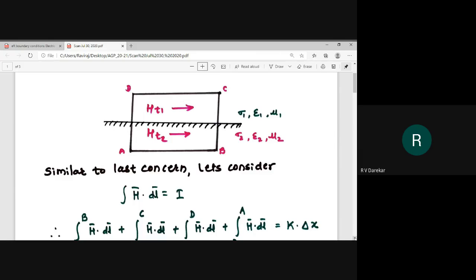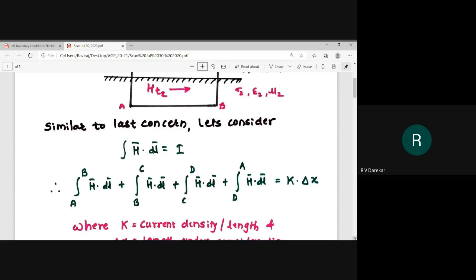Now what is this k into delta x that we have to understand? Here k can be defined as the current density per unit length. If I is replaced with a new parameter, we can write k into delta x. Therefore, k into delta x is equivalent to the current I, but for simplification of the equation we change I into k into delta x.